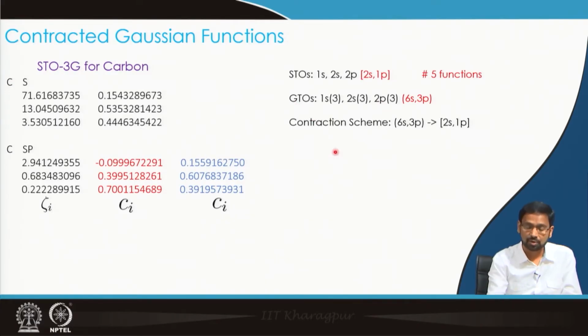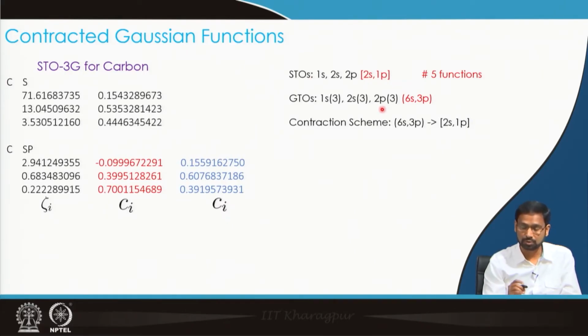So when I calculate how many s type Gaussian functions I have, 3 for 1s and 3 for 2s, together 6 s. And how many p type Gaussian functions do I have? I require 3 p types, but each of these p types would also have 3 different components. When I count these Gaussian type functions, I write them in a round bracket, as opposed to the square bracket I used when writing the number of Slater type orbitals.